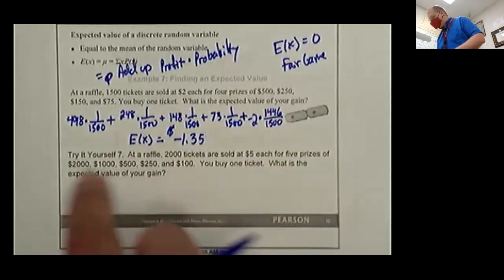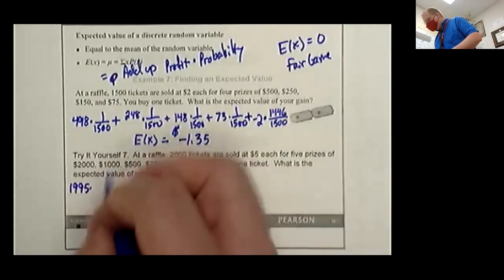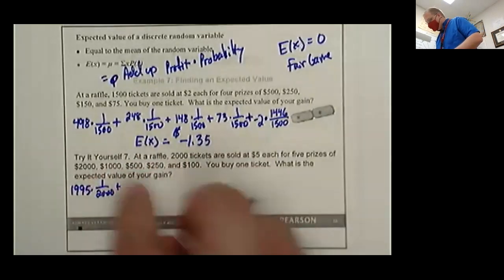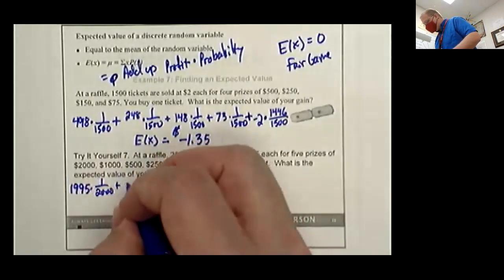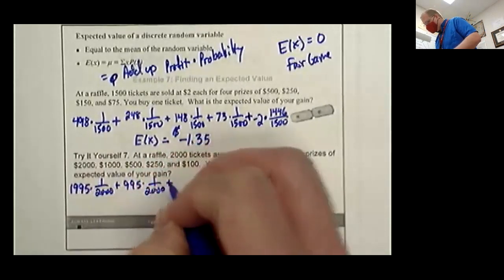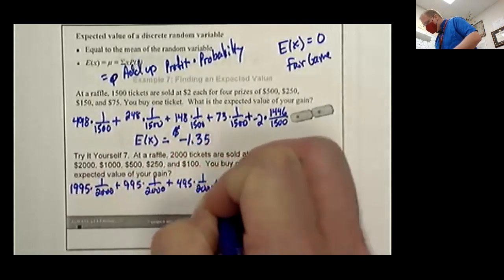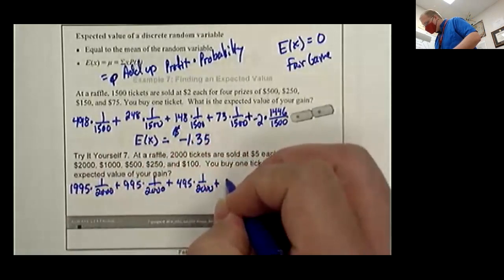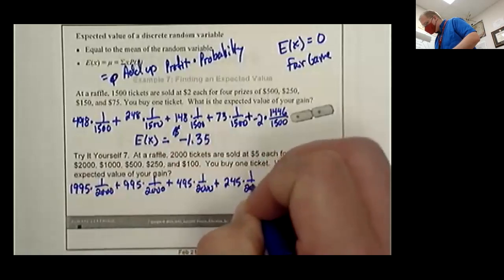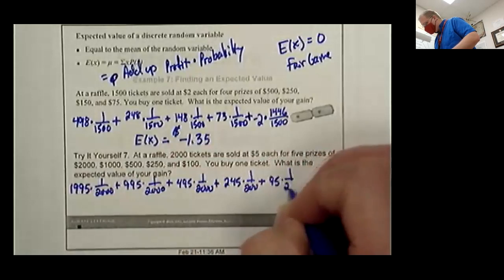So first prize is 2,000, but you lost 5 on the sale, so $1,995 times 1 out of 2,000, plus $5 from 1,000 is $995 times 1 out of 2,000, plus $495 times 1 out of 2,000, plus $245 times 1 out of 2,000, plus $95 times 1 out of 2,000.